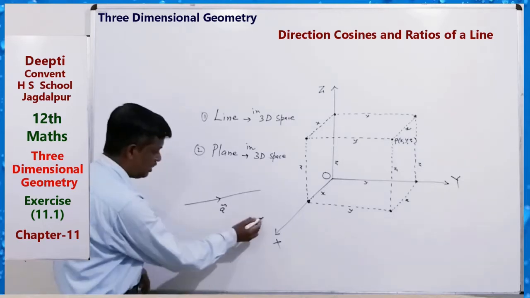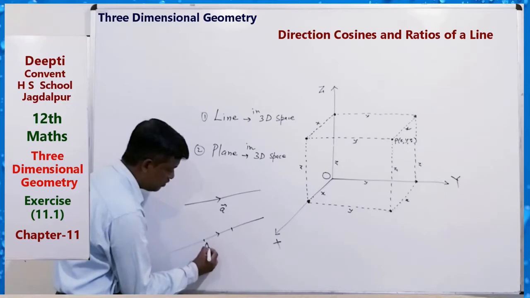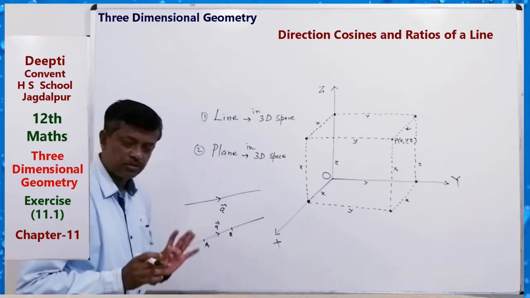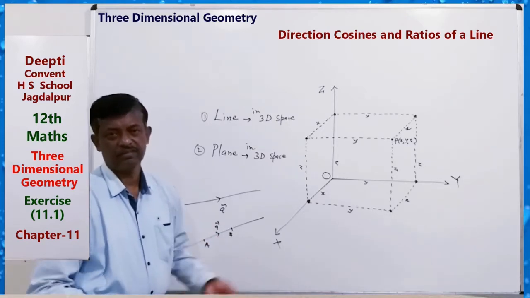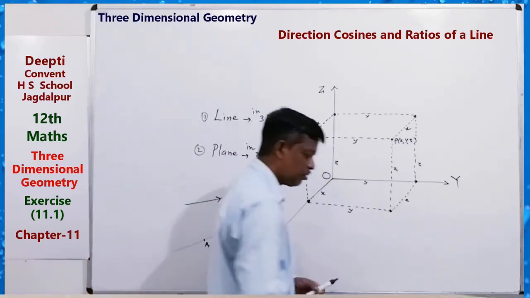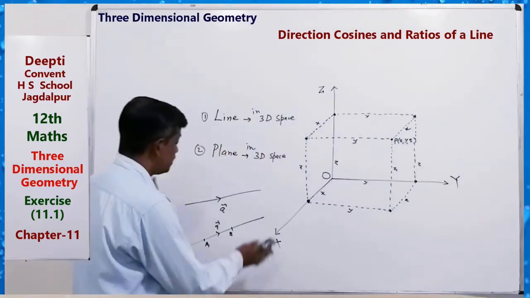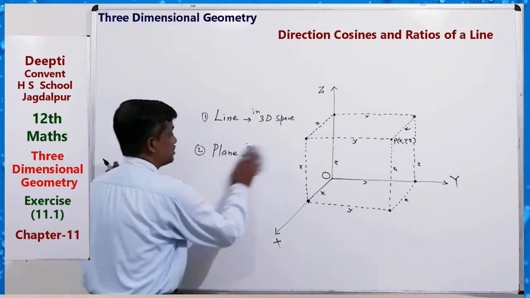So from a line we can take a line segment like this, AB, the vector AB. So the direction cosines of a vector and of a line are just the same. So how can we find the direction cosines and direction ratios of a line? We will discuss that now.